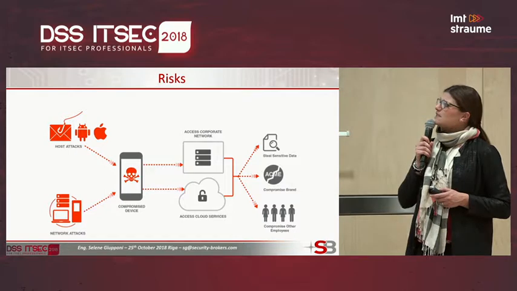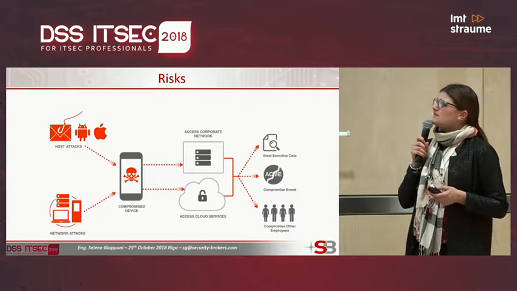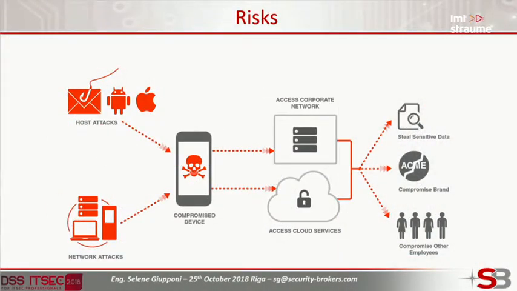So some risks. This is, for example, a corporate device. You have to imagine, because, for example, we have all the companies that are very secure with all the firewalls, cyber threat intelligence, and so on. But a lot of the time, mobile phones are not considered an asset.